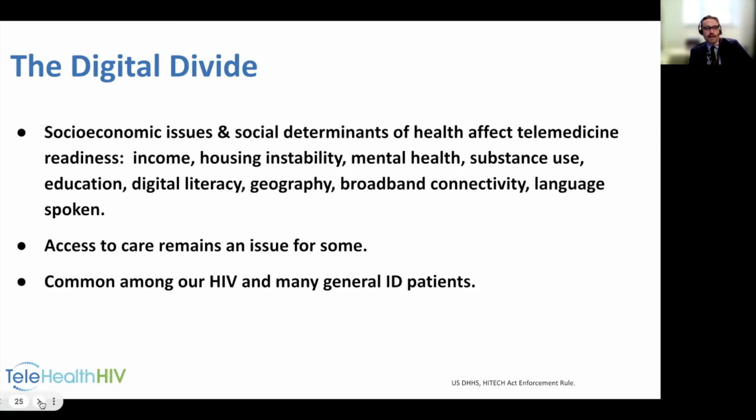So geography matters, broadband connectivity, the language spoken. So access remains an issue for some people. This is common not only among our general ID patients, but our HIV patients. We have an urban population, but we have a huge catchment area, as I mentioned before, and we have a very big rural HIV and hepatitis C population, and some people don't have broadband connectivity. Go ahead to the next slide.